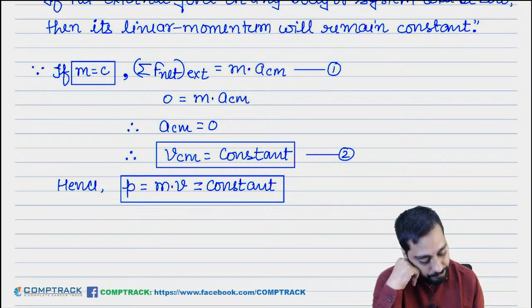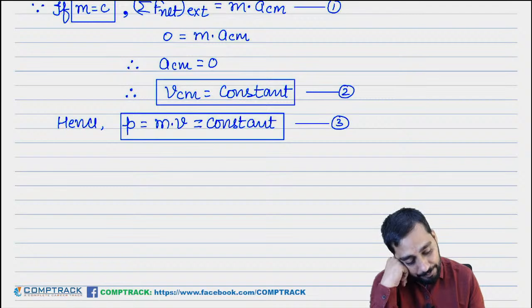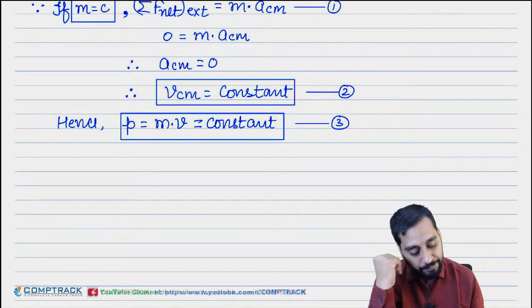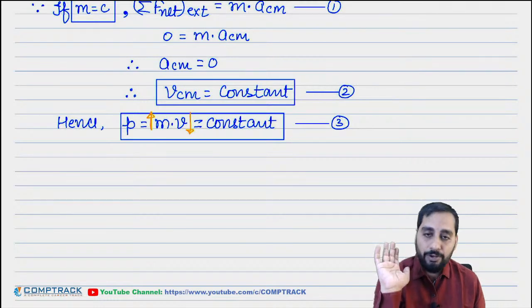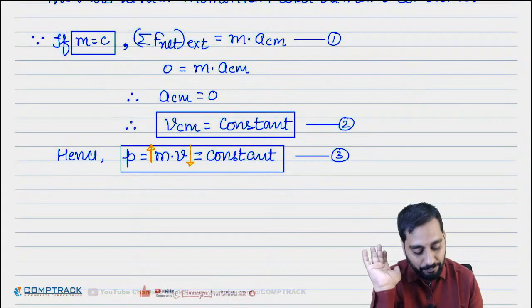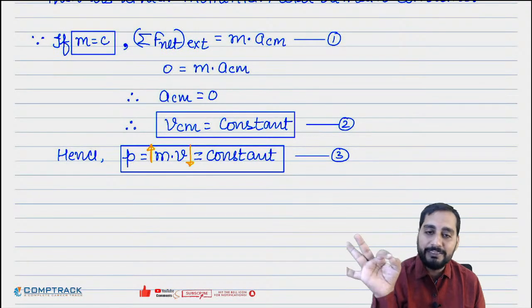Got the point or not? So what can we write? If somehow velocity will be decreasing, then mass will be increasing. So for the simple case we found the relation. Simple case is mass is constant.